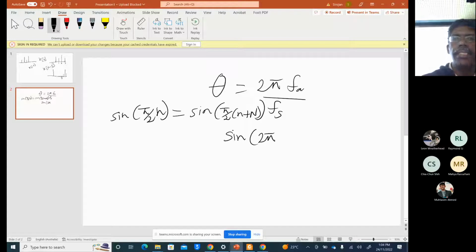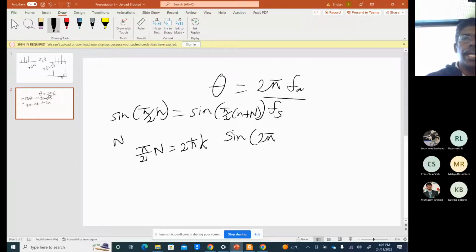Here small n has to be an integer, and capital N has to be an integer. Here we can check whether we can find it. Pi by 2 times capital N has to be a multiple of 2 pi k, because in sine we can add any 2 pi. So what is N?